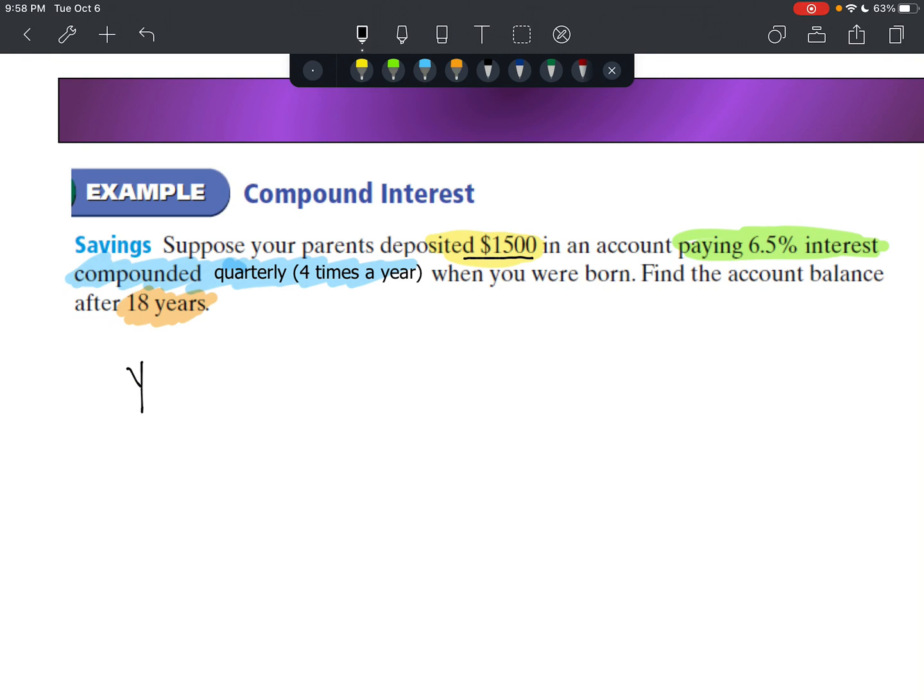So our balance is going to equal our initial amount times 1 plus, I can't just put 6.5% or 0.065. I can't just put that because I have to take that and divide it by 4.